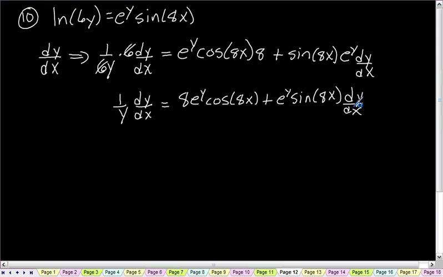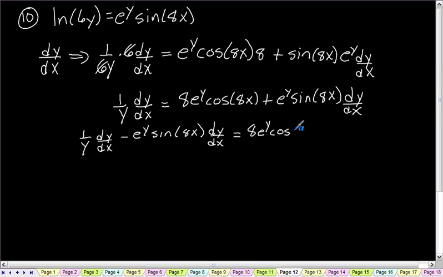I'm going to try to group this dy/dx and that dy/dx and put them on the same side. So this part becomes 1 over y dy/dx, minus e to the y sine 8x dy/dx is equal to, that's what's left on that side, 8 e to the y cosine 8x.